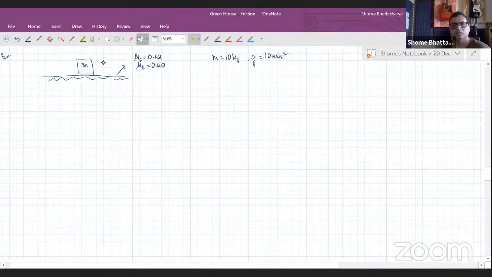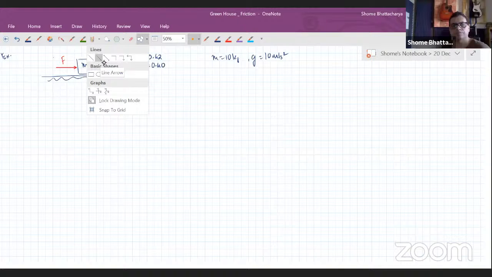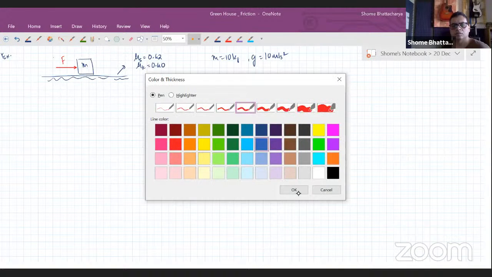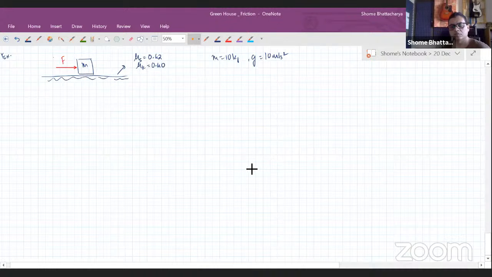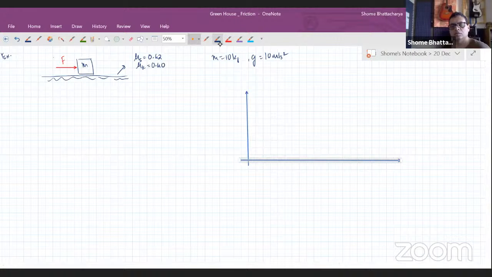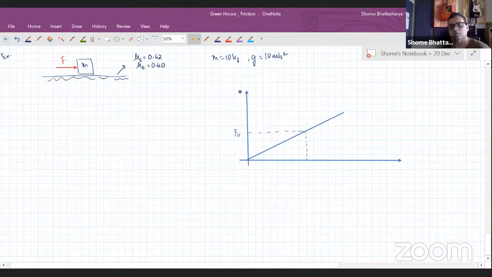And we are applying a force that is gradually increasing with time. So our force is increasing with time.